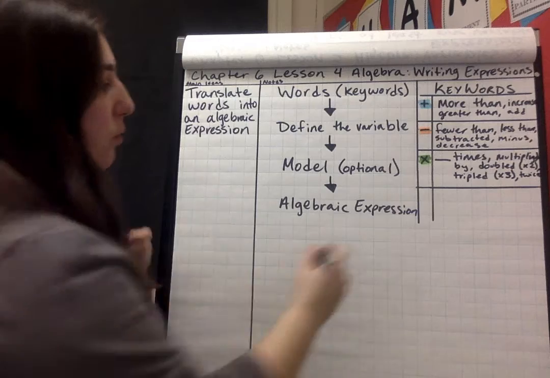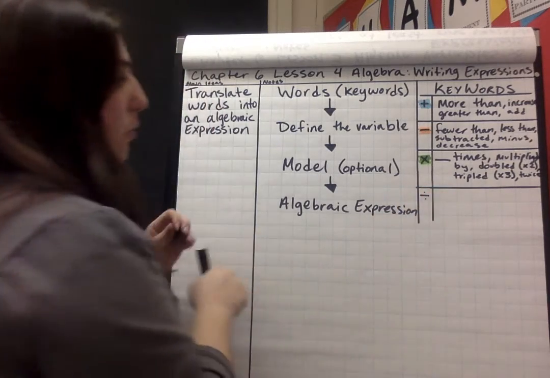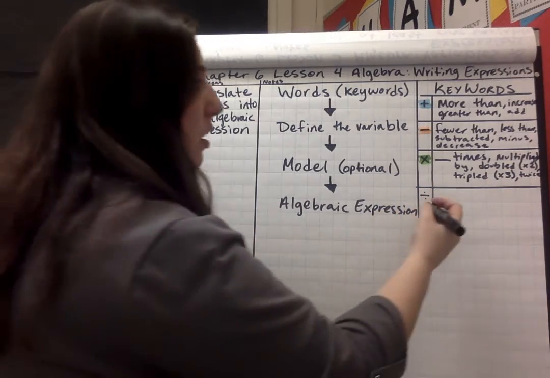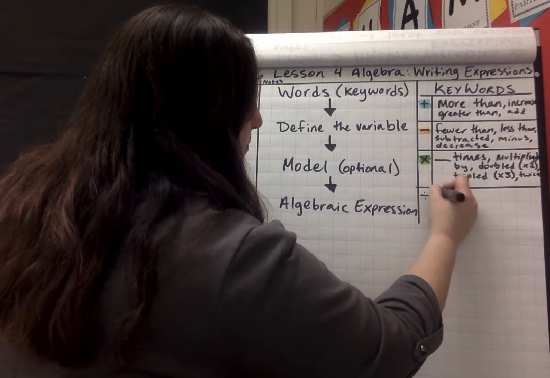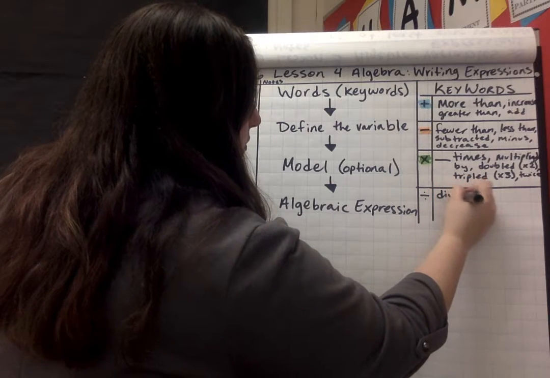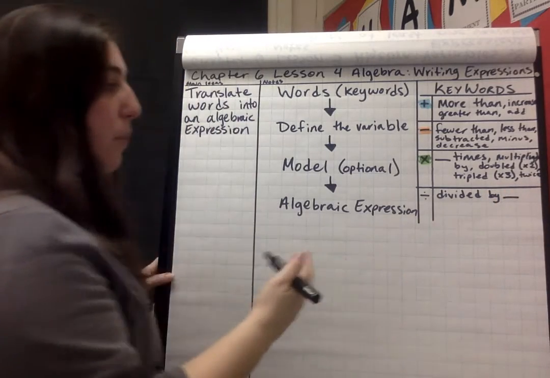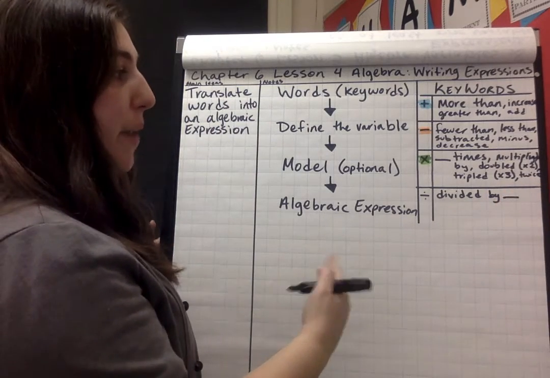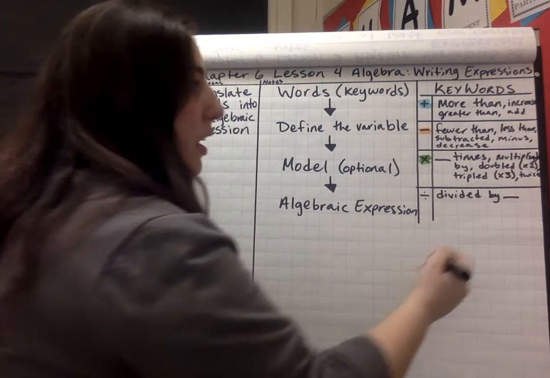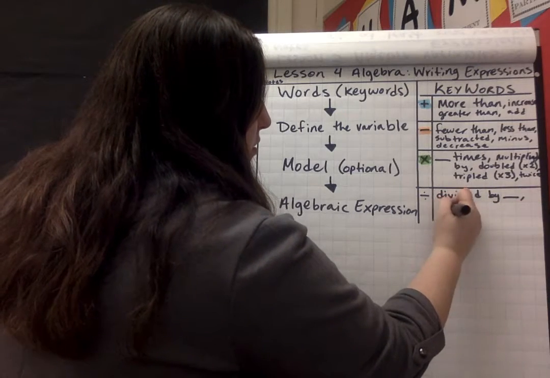All right, and the last one, division. Here's our word list, which is going to be divided by, blank, like you divide by 2. For example, half as much.